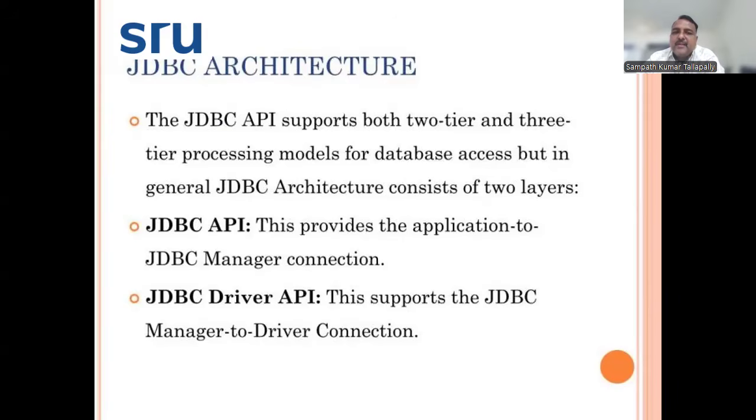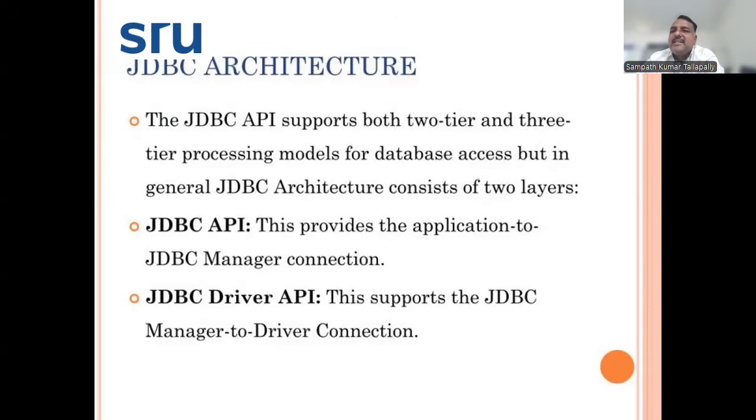Three-tier includes servers, whereas in two-tier we don't have an isolated server. We have a dedicated server and a client, and the client directly interacts with the server in a two-tier architecture.